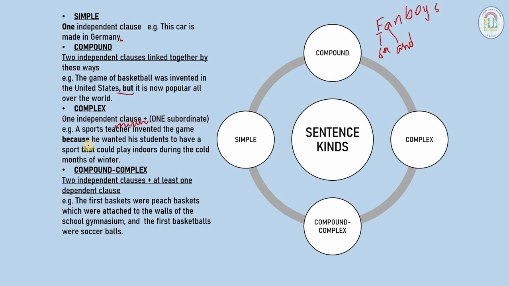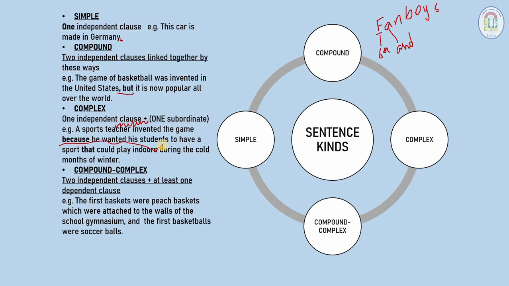And because he wanted his students, it is the reason for inventing this game. So this is subordinate to the independent clause, to the main clause. It is part of it. It completes its meaning. So this is normally the complex kind of sentences.